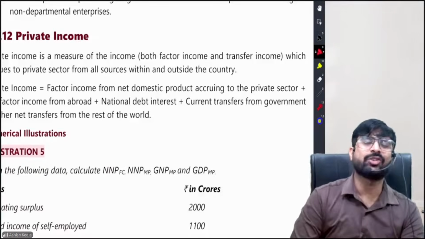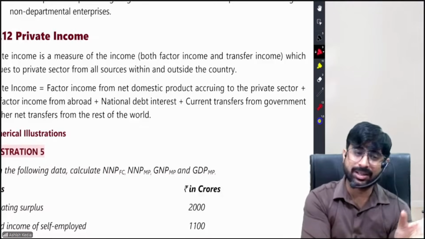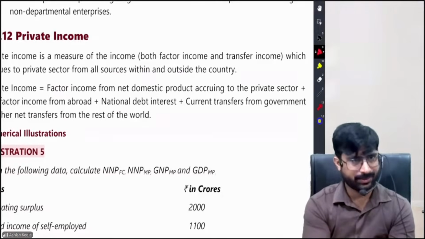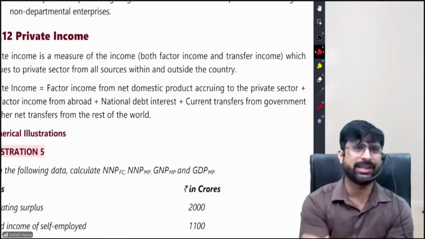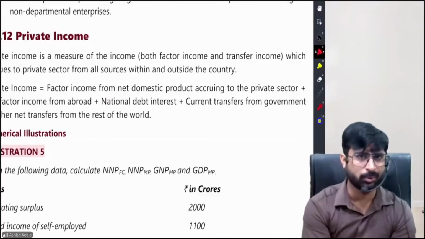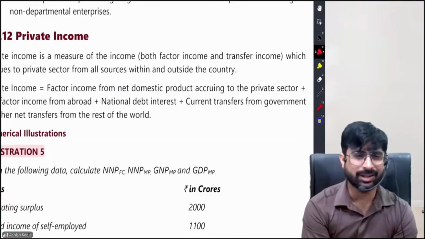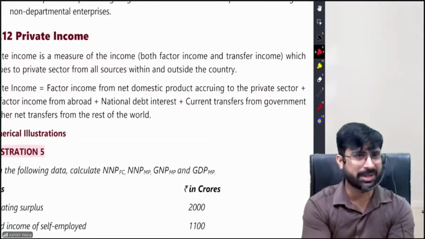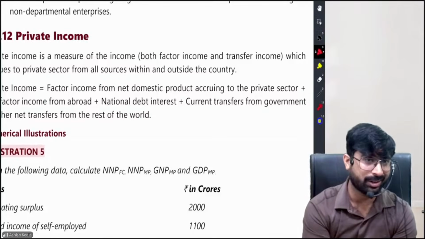See, there are two kinds of income: factor income and transfer income. I am teaching you all. In return, suppose I get money from you. That is factor income because I have done something. In return, I have got this money. I have not got that money for free.